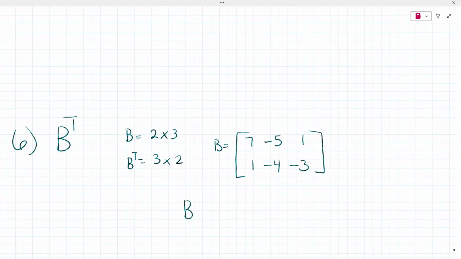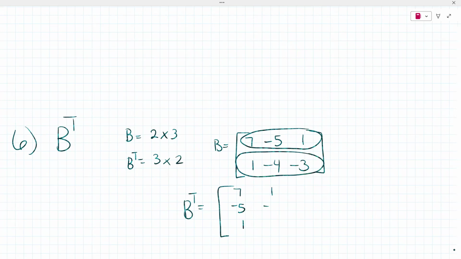So B transpose, all you got to do is imagine this row turning into a vertical column. So it'd be 7, -5, 1. Imagine this row turning into a vertical column. It would be 1, -4, and -3.